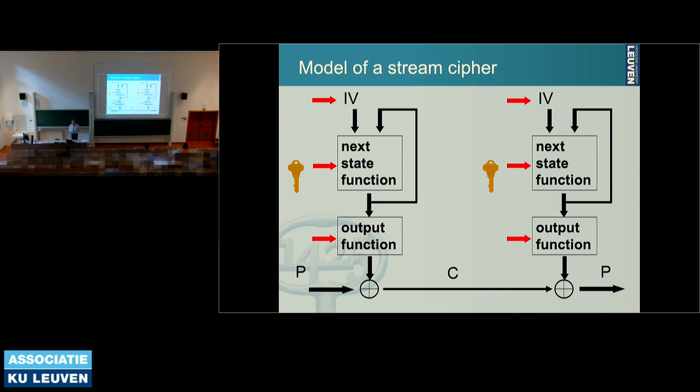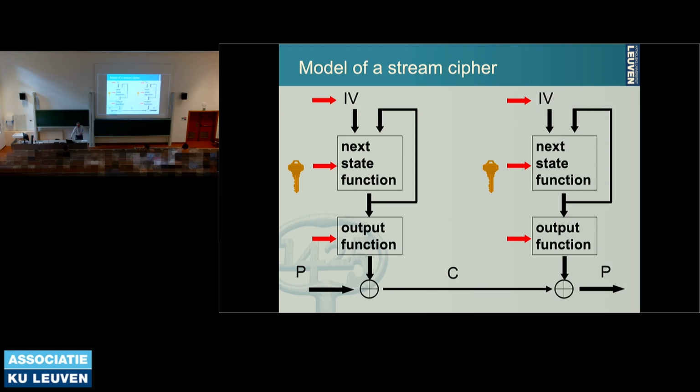So what's the big problem with all these mechanisms is that you should never reuse the output here. If you have two different messages that are encrypted with the same output here, then an attacker who knows this or who suspects this can XOR the ciphertexts.